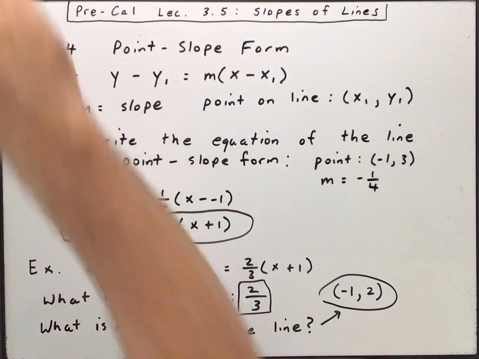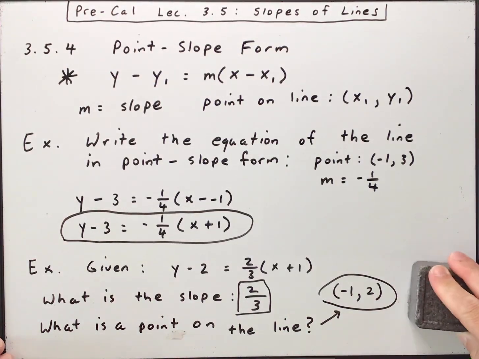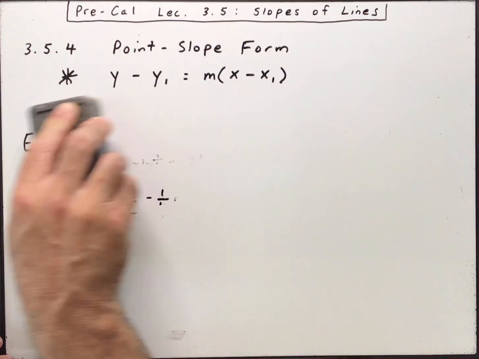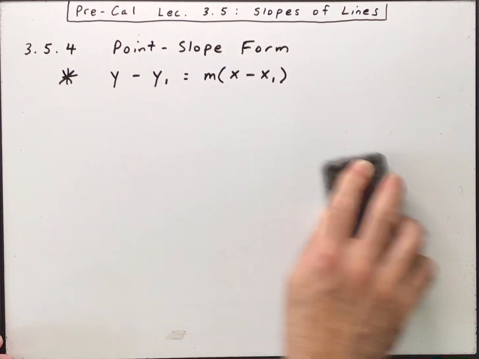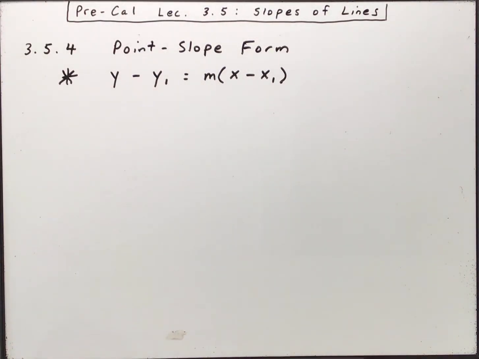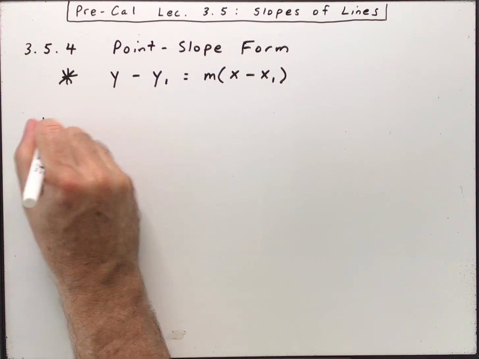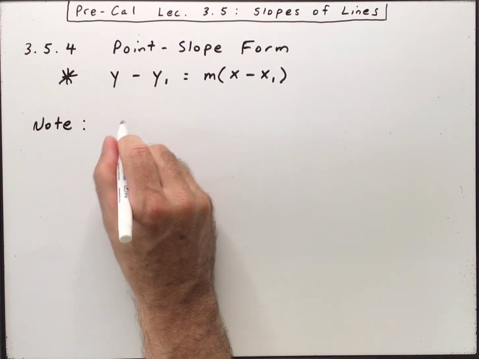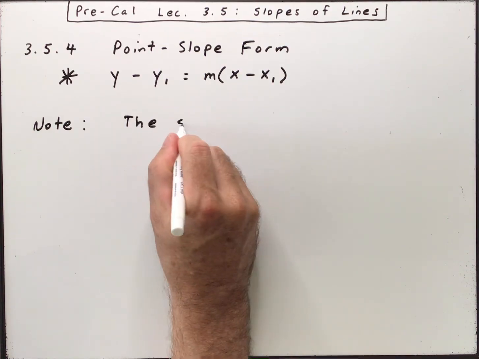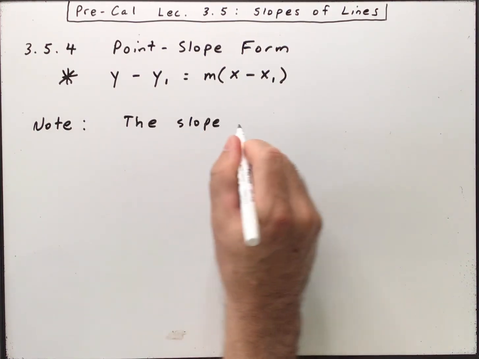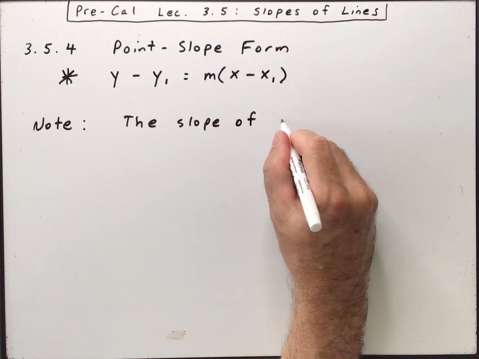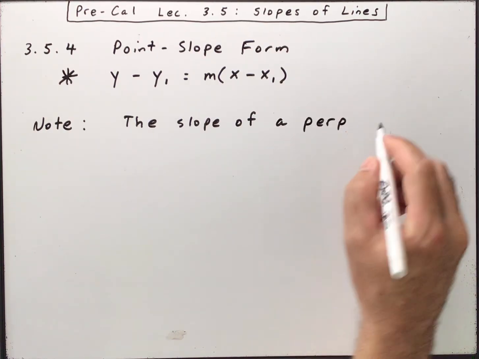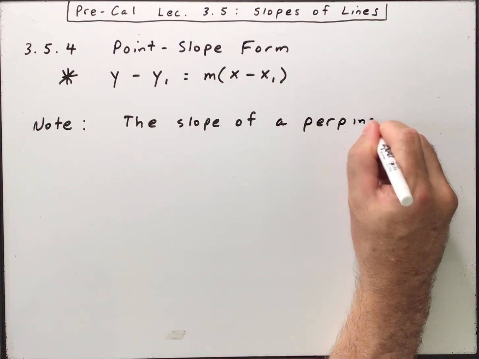All right, just one last note before I let you go for the homework. We'll discuss the homework just a little bit. The note is the slope of a perpendicular. I'm not sure how to spell perpendicular.